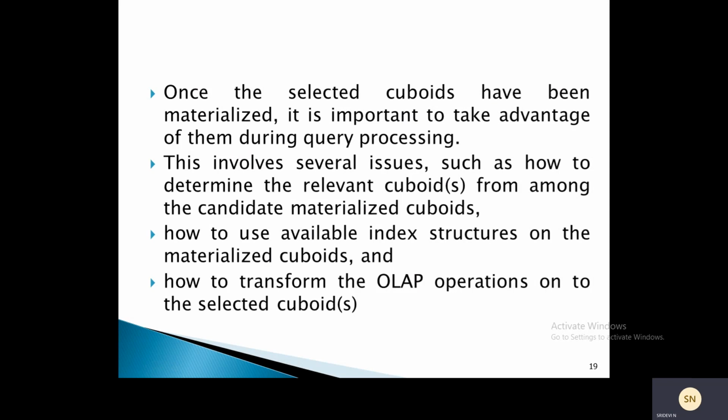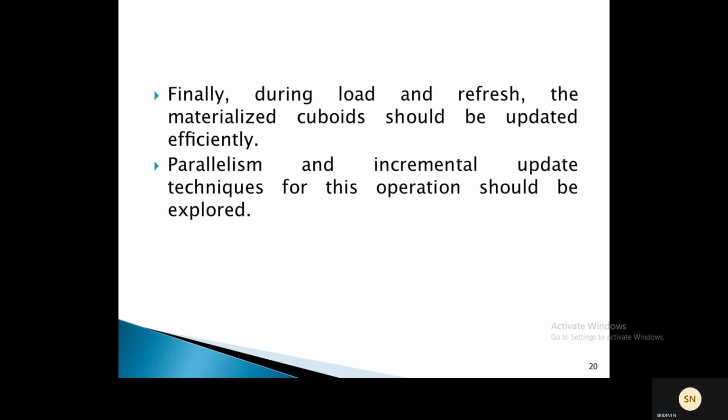And how to use available index structures on the materialized cuboids, and how to transform the OLAP operations onto selected cuboids. Finally, during load and refresh, the materialized cuboids should be updated efficiently. Parallelism and incremental update techniques for this operation should also be explored. So in partial materialization, these are the issues we have and how to overcome them.